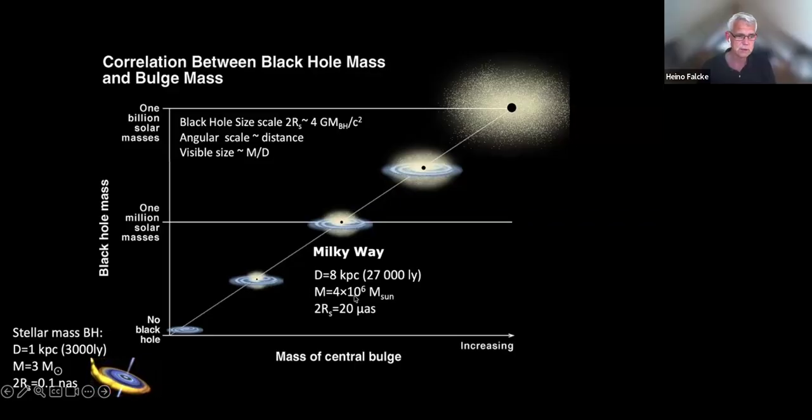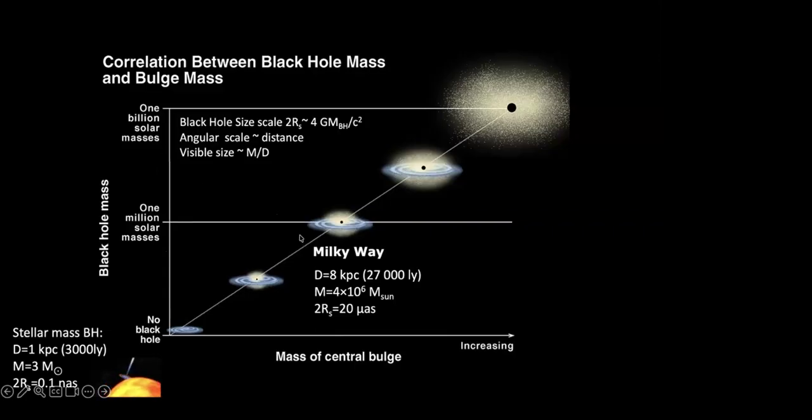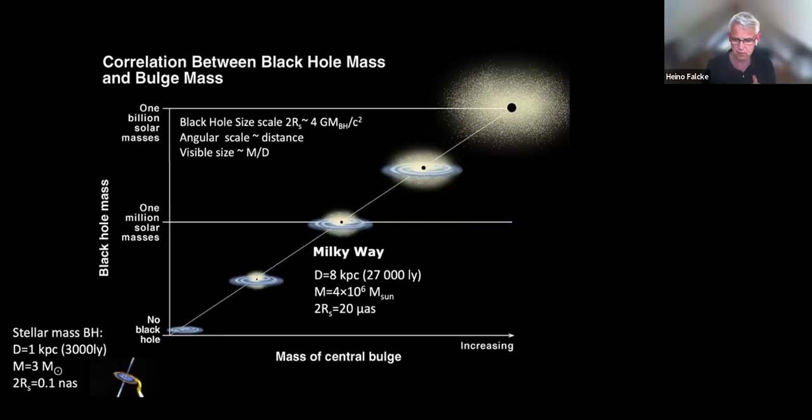And then there is another relation. It looks like the more massive black holes fit in more massive galaxies. Again, there's someone making noises here. So the larger the bulge of a galaxy, the larger the black hole. And where are the largest galaxies in the universe with the largest bulges?